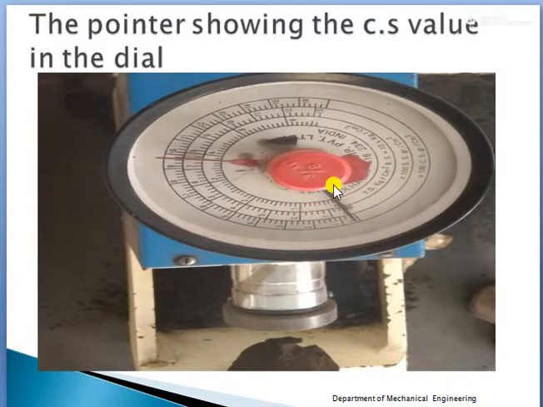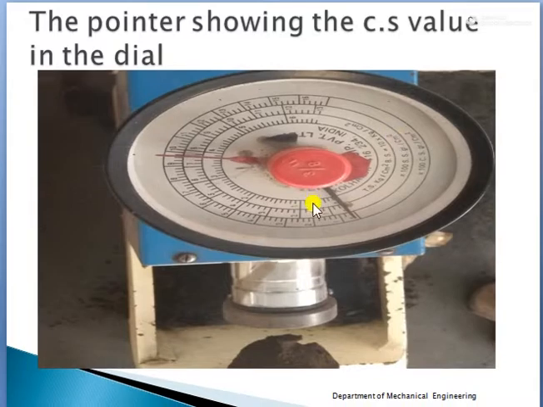Here you can see the black pointer pushes the red pointer when you start rotating the wheel. If you see this pointer properly on the compressive strength scale, we have 0 1 2 3 4 5 6 7 8 9, and each division is 2, that is 2 and 4, this is 8, this is 9, 9.2, 9.4, that is 9.4 gram per centimeter square.